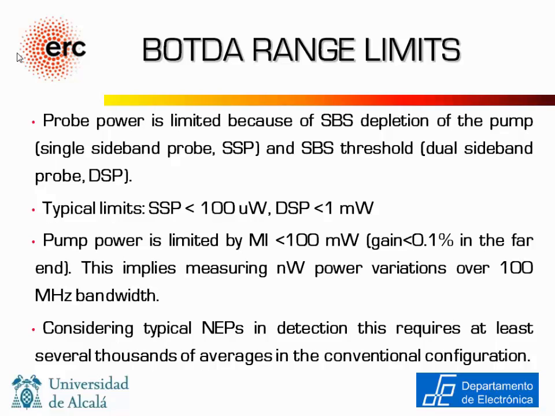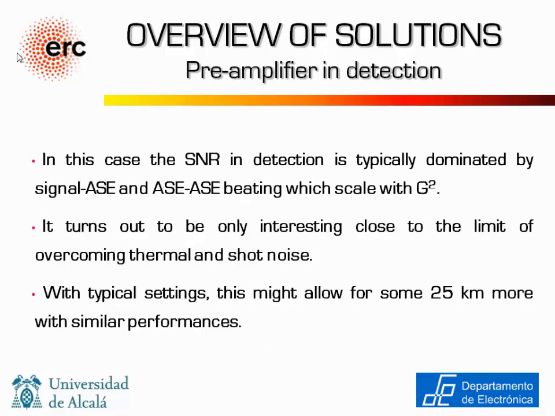If you look at the powers, you see that for a 100-kilometer scheme, you will have to measure nanowatt variations with 100 megahertz bandwidth if you want to keep your meter-scale resolution. So considering typical noise powers in detection, this is pretty challenging. So you require thousands of averages, and in the end of the day, the measurement is so lengthy that you're not at all interested. So you have different strategies to improve range.